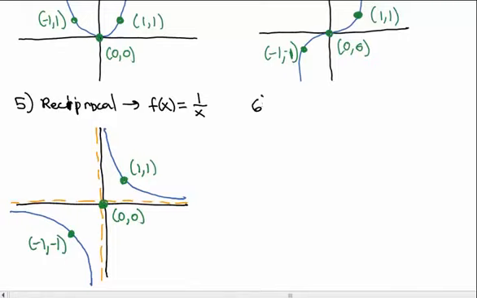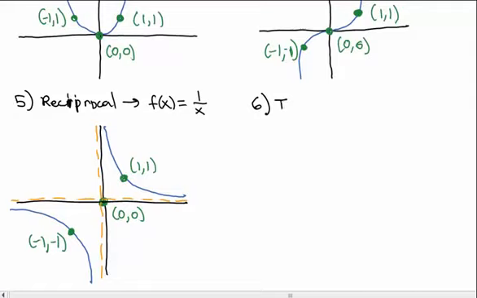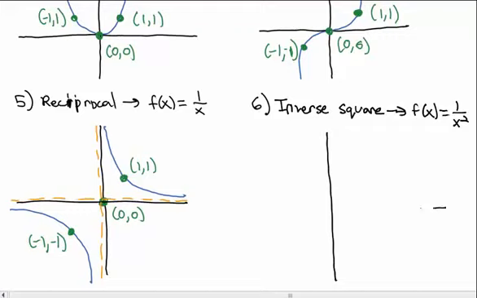Similar to the reciprocal function is function number 6, called the inverse square function. That is f of x equals 1 over x squared. This one also has the same two asymptotes, the y-axis and the x-axis.